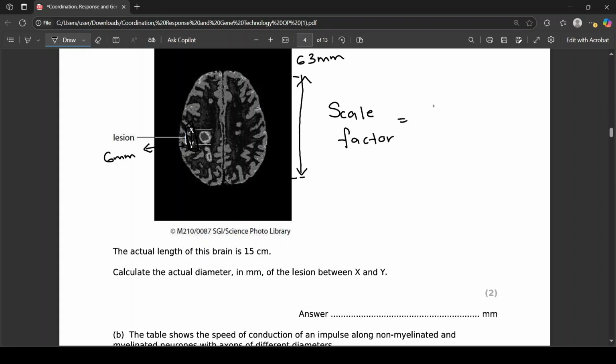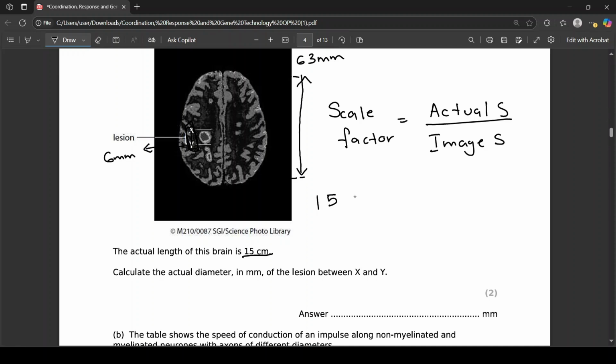This formula will be actual size, I'm writing S instead of size, by image size. Also, always remember all the conversions must be in the same unit. All of the measurements here are in millimeters, so we must convert this as well.